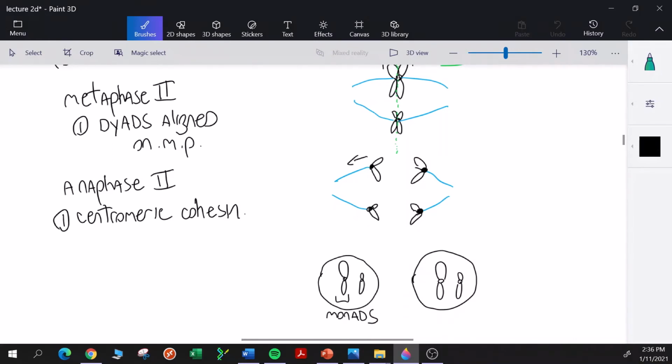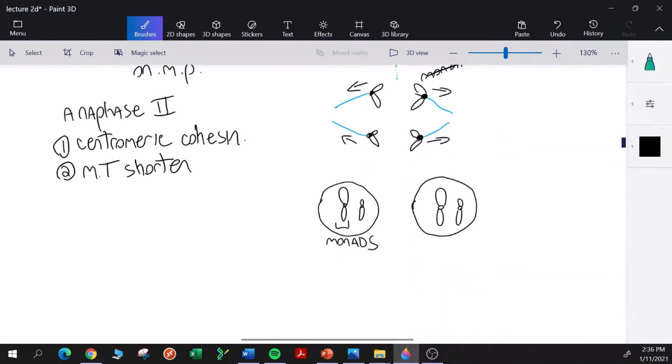So we have one going this way and one going that way, and that's for each pair. And I'm calling these monads here. Any individual chromatid can be called a monad. So centromeric cohesin breaks down, the microtubules shorten, and that pulls the monads to either pole.